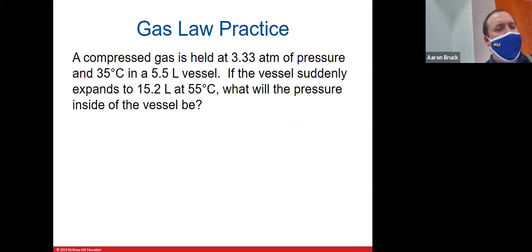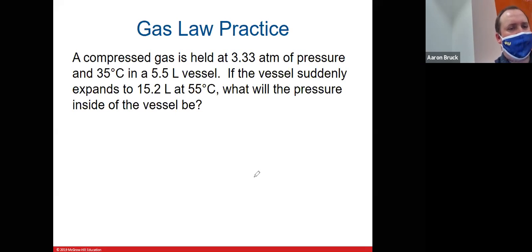So once again, we've got to identify our variables. These look like initial conditions. I'm starting here at 3.33 atmospheres, 35 Celsius, 5.5 liter vessel.